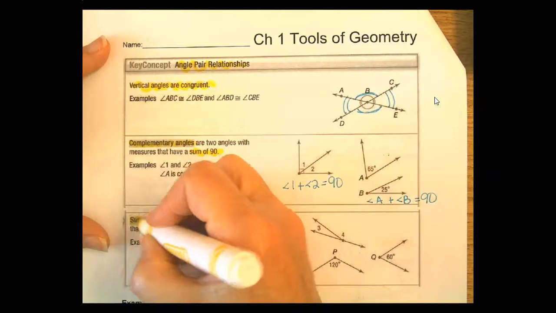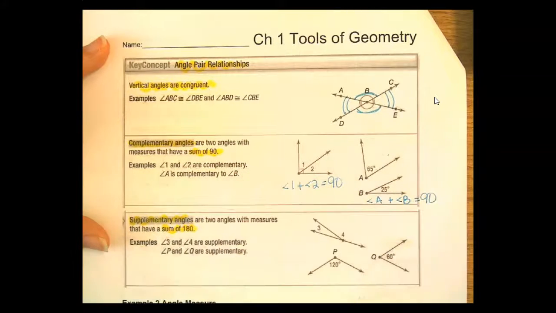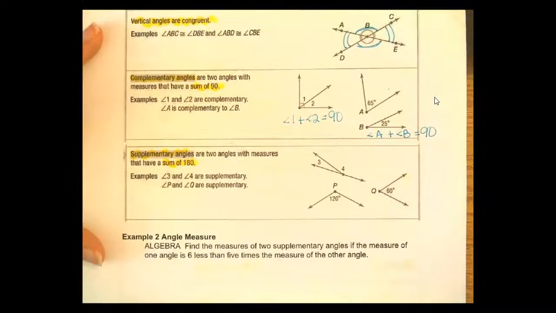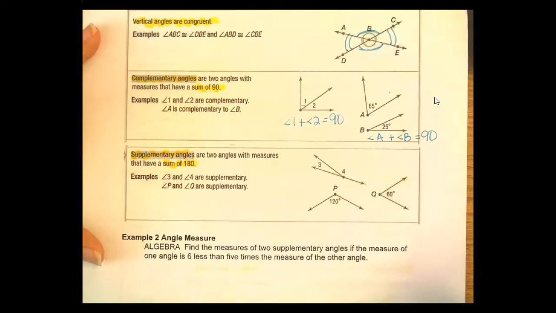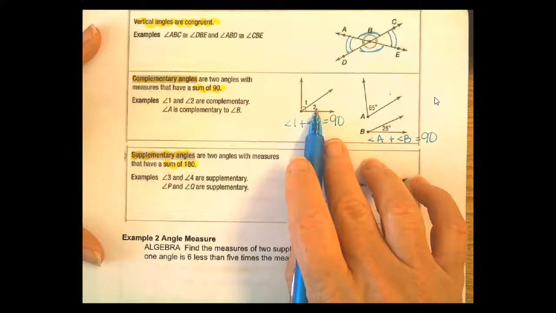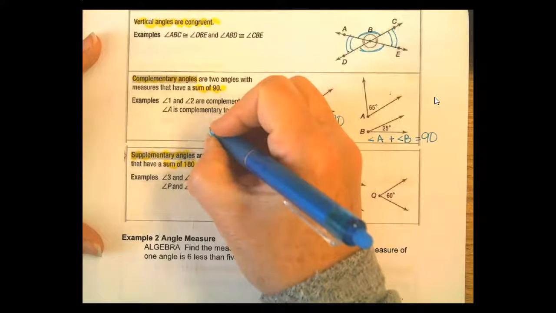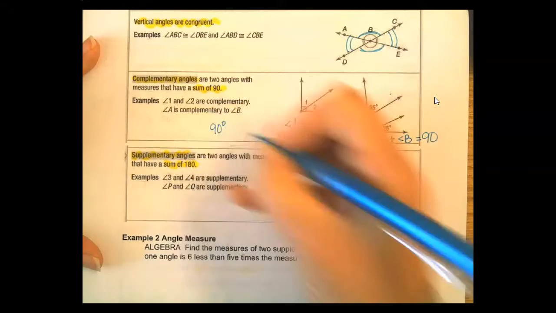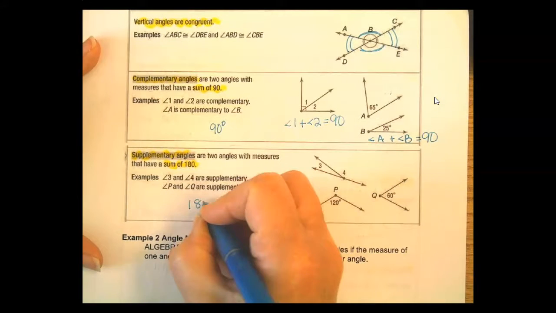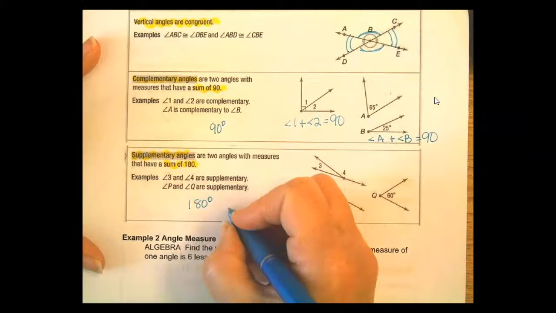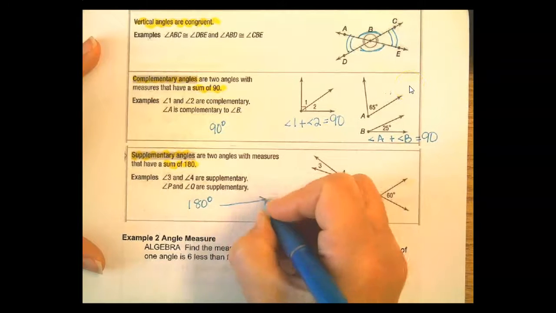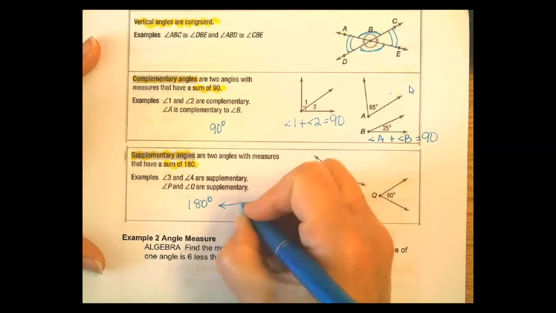Supplementary means their sum is 180. Usually you could find these: for complementary you're looking for a 90-degree angle, the box that shows you have a 90-degree angle. Here you're looking for 180 degrees, and that is that straight line, that straight angle.